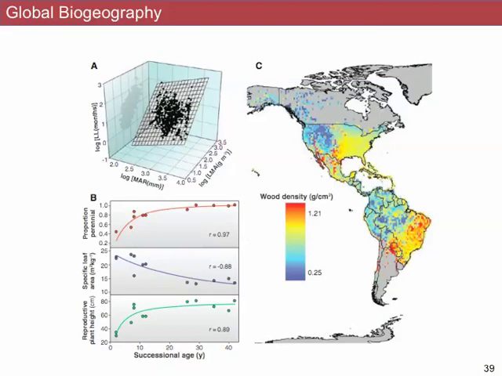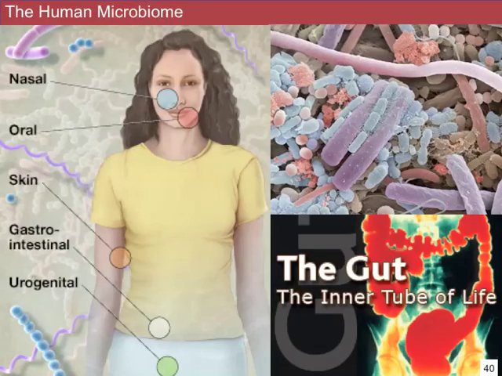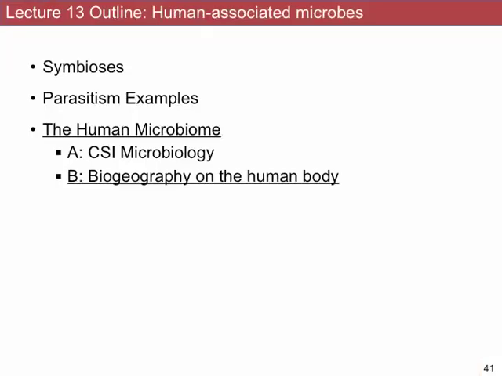And you can use this type of approach to do big-scale ecological biogeography, surveying the microbes across the planet, or you can do biogeography of people and treat different parts of people as your landscape. And that's what's been done a lot in the last few years with projects like something called the Human Microbiome Project in the United States and a European project called MetaHit, where people are surveying the natural biodiversity across the human body with these DNA-based methods.